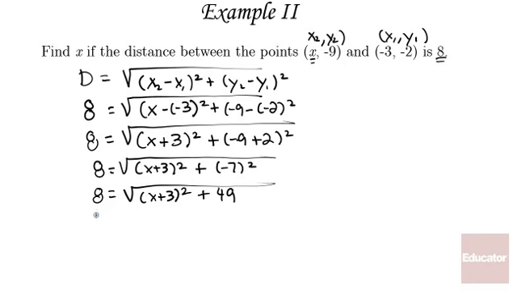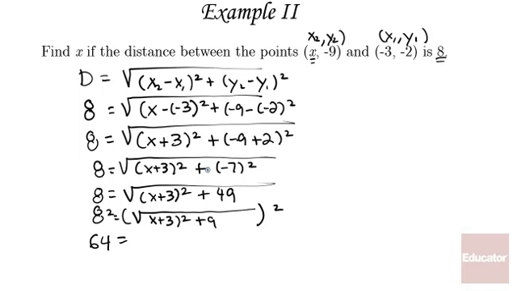Now, in order to solve this, I'm going to go ahead and square both sides. 8 squared equals x plus 3 squared plus 49, this entire thing squared. This is going to give me 64, and radical times a radical, I'm going to eliminate that radical sign and get x plus 3 squared plus 49.